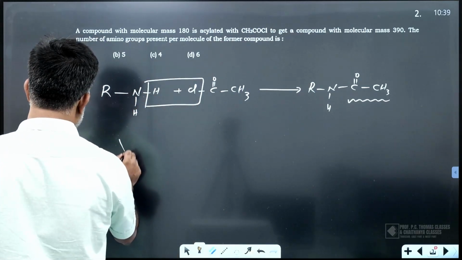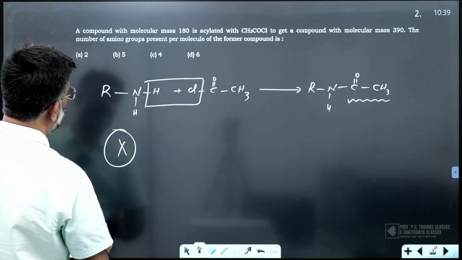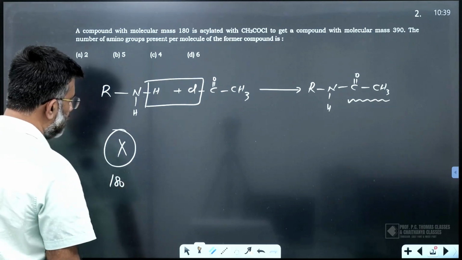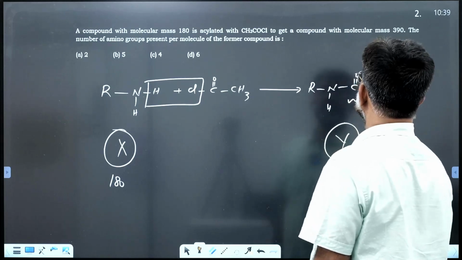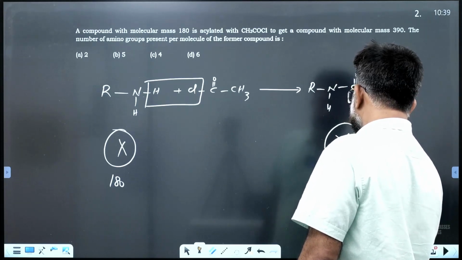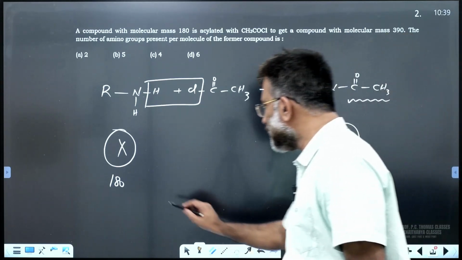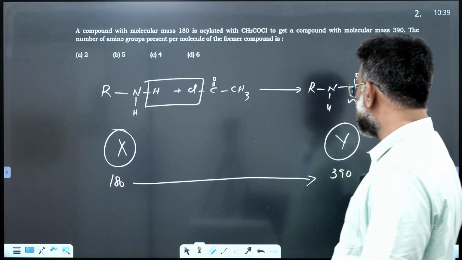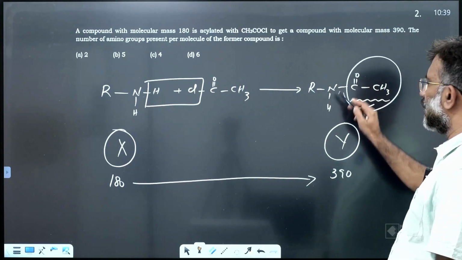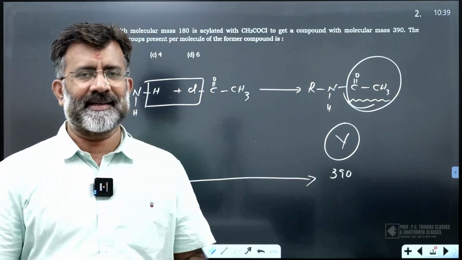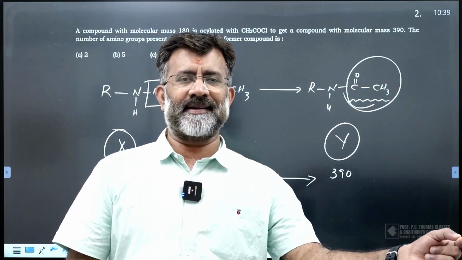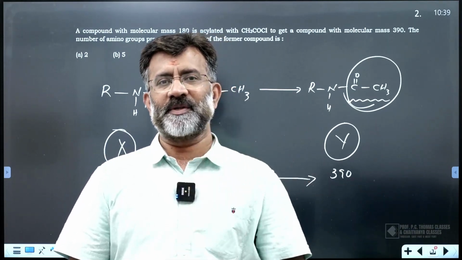So the given compound is X having molar mass 180, and the obtained final product is Y, having molar mass 390. And you see the molar mass is increasing. The molar mass is increasing due to the acyl group, because in each amino group one hydrogen is subtracted and one acyl group is introduced.